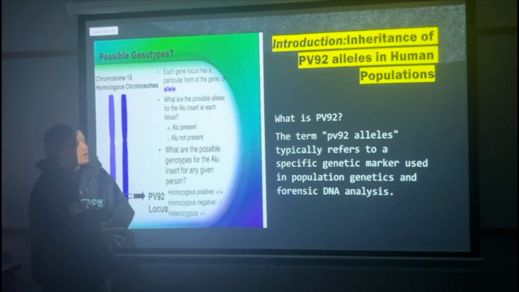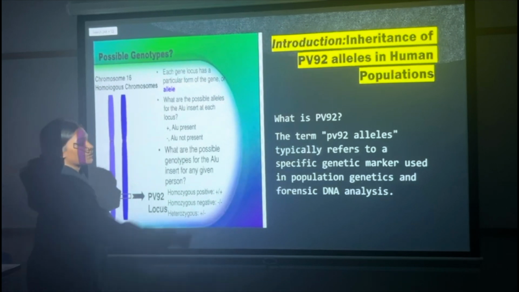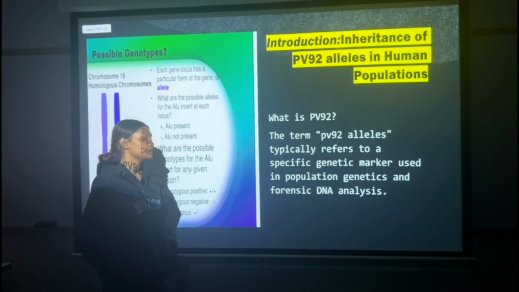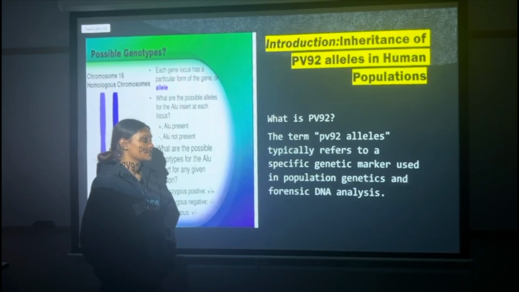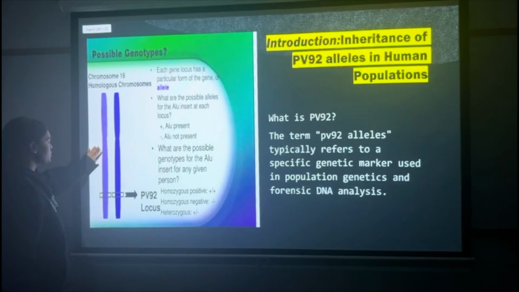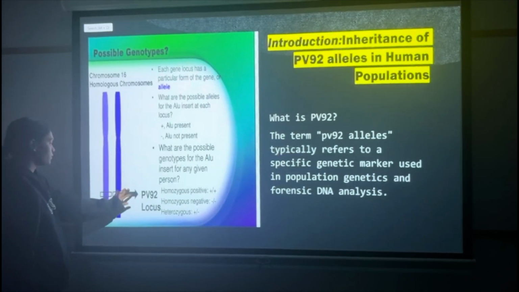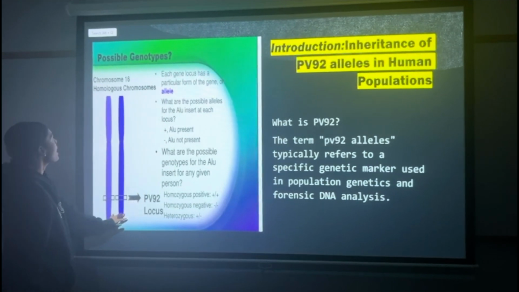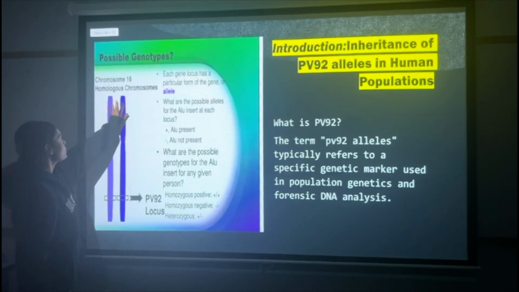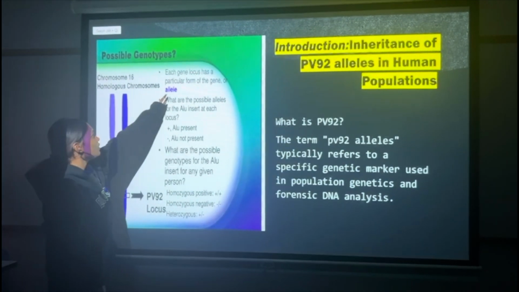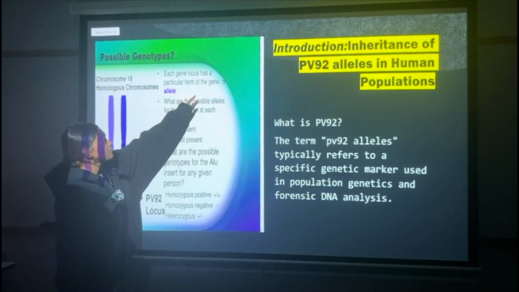PV92 is the term used for PV92 alleles. It typically refers to a specific genetic marker used in population genetics and forensic DNA analysis. So we can see in this picture the location for the PV92 allele, and these are two homologous chromosomes, and each gene locus has a particular form of the gene, or allele.